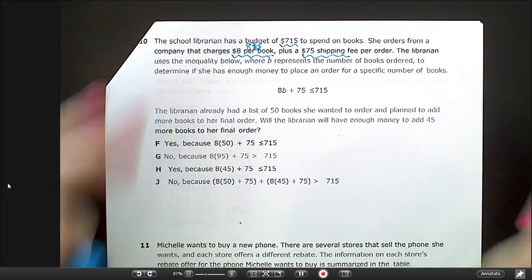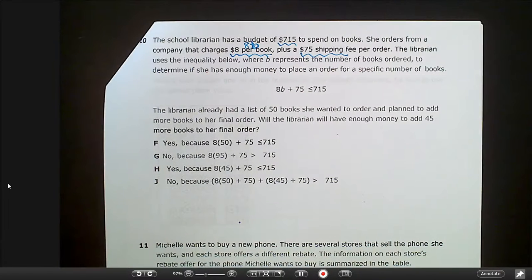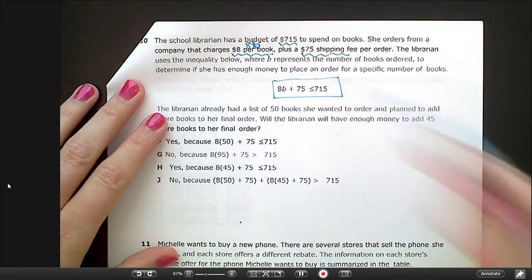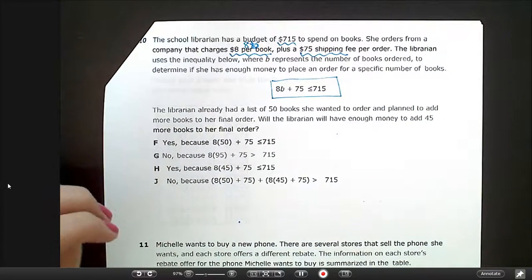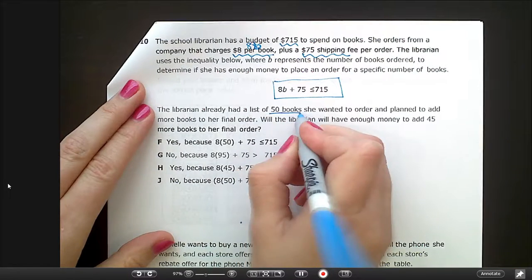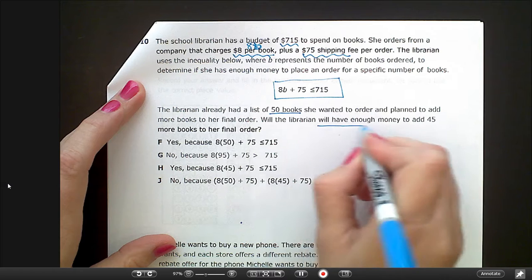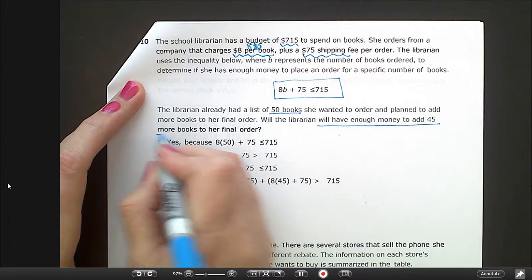So that's just by itself. That's a flat fee. We're not multiplying that by anything. And she's using this inequality to try to figure out if she has enough. So she already had 50 books that she knew she wanted to order. And she wants to know, will she have enough money to add 45 more books?